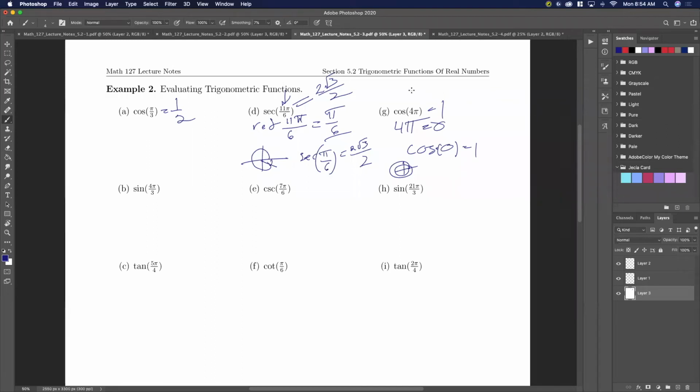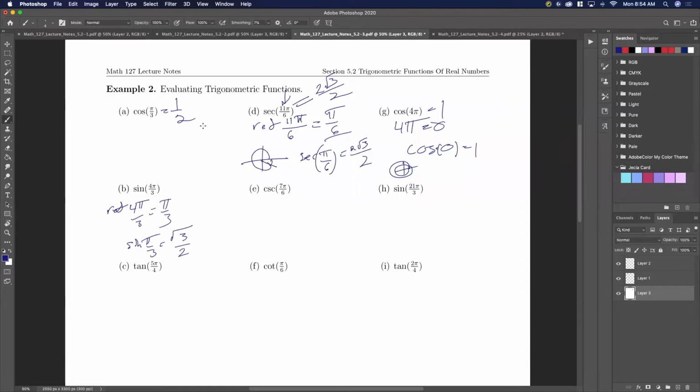Let's do this one. So this is 4 pi over 3. The reference angle of 4 pi over 3 is pi over 3. And so it should be the sine of pi over 3 is equal to square root 3 over 2.